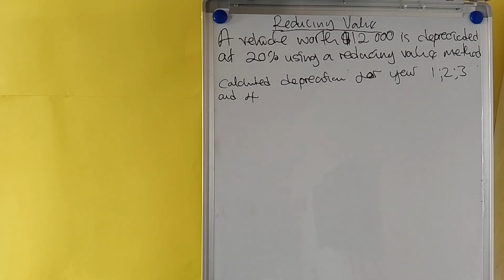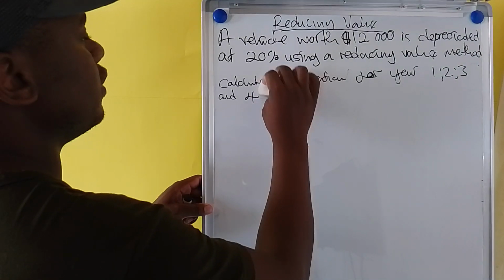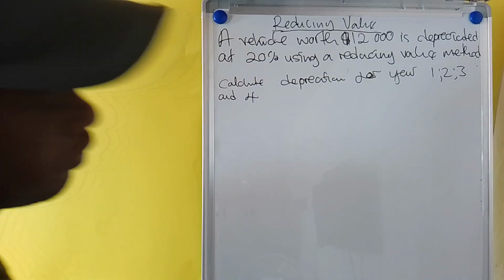Now let's look at this example and try to work out how the reducing value method works. We've got a statement on our board: a vehicle worth $12,000 is depreciated at 20% using the reducing value method. The question says calculate depreciation for year 1, year 2, year 3 using the reducing value method.